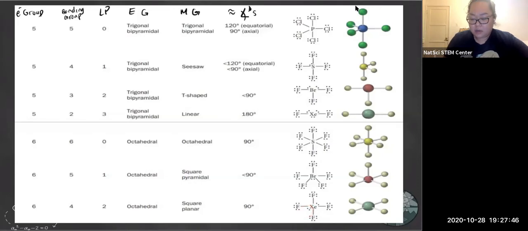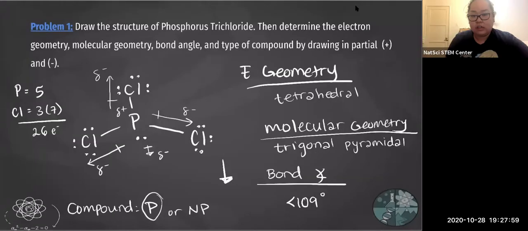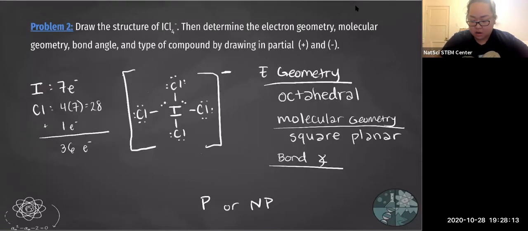So when you put them on, it'll follow this structure right here where you'll have octahedral and square planar with a 90-degree angle. So again, I would always recommend counting your electrons, because if you miscount, that would change your molecular and electron geometry. So it has a bond angle of 90 degrees.